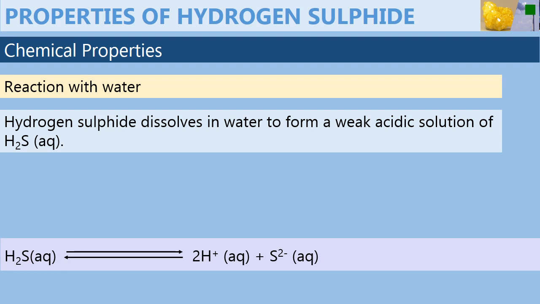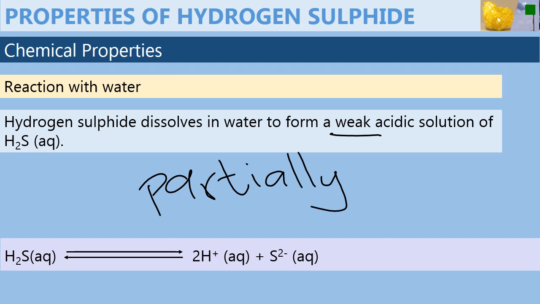Notice the double arrows that indicate that this reaction is reversible. It is a weak acid because it partially dissociates in water to yield few hydrogen ions.